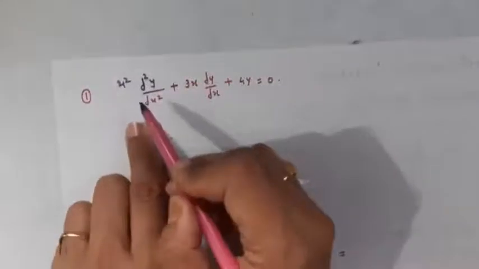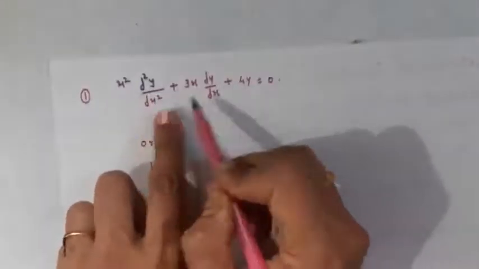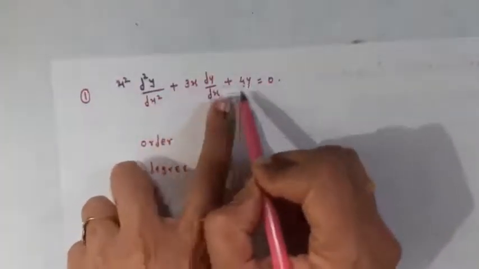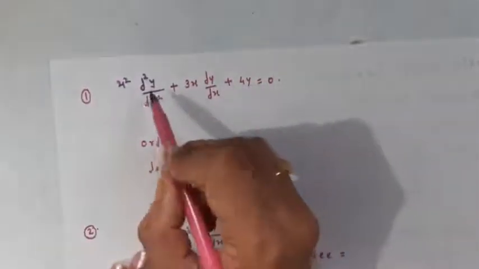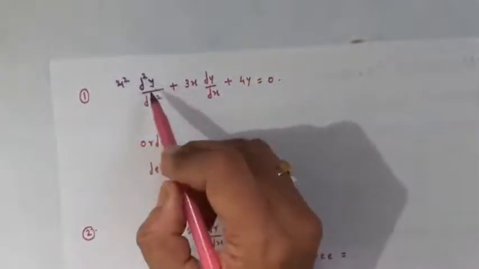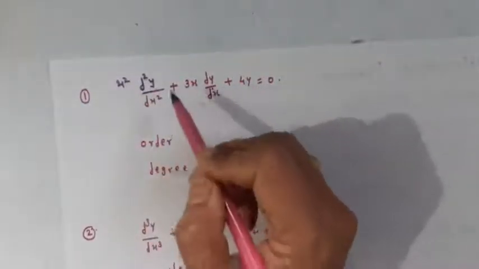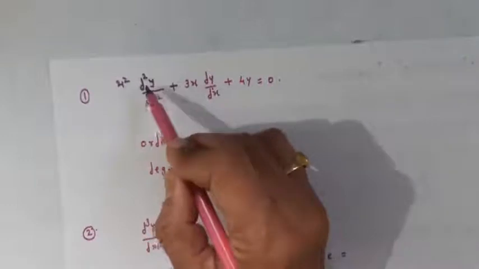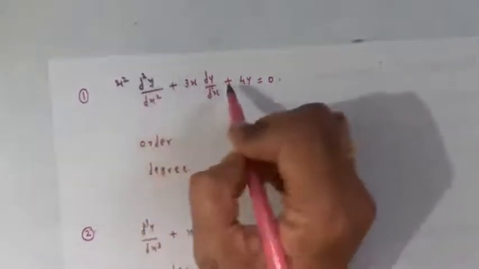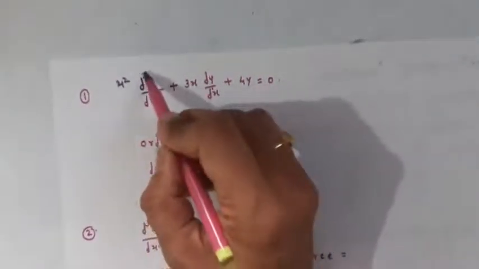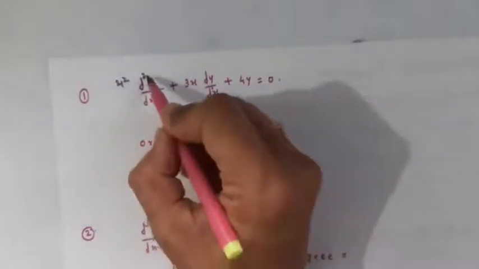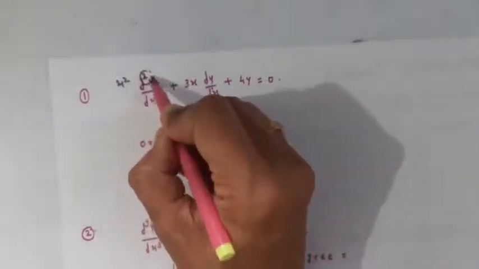Now let us solve some examples. Suppose the example is x squared d2y by dx squared plus 3x dy by dx plus 4y. Here this is a second order derivative, and this is a first order derivative. So which is the highest order? The second order is the highest order, and therefore the order is 2.